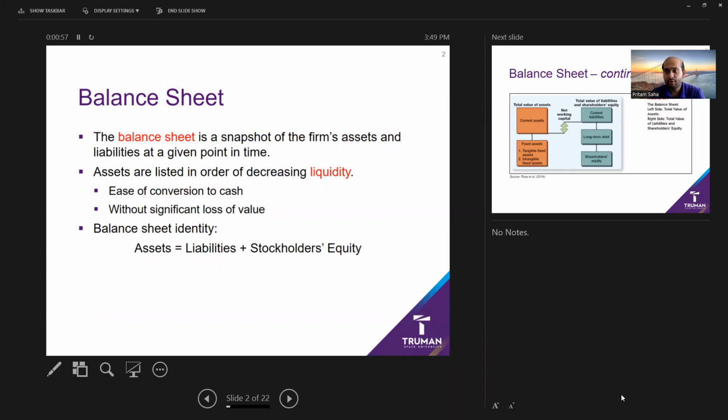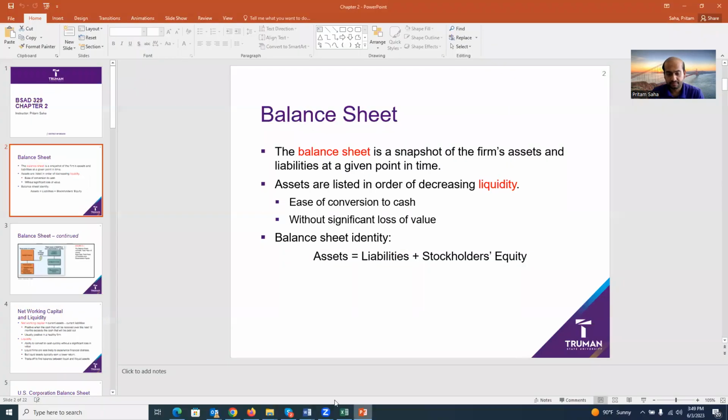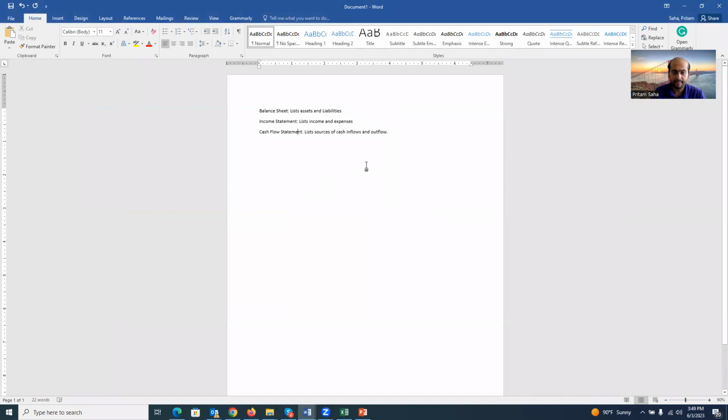In the balance sheet, we actually record assets, liabilities, and owner's equity.